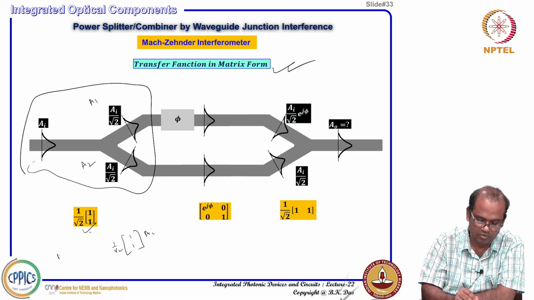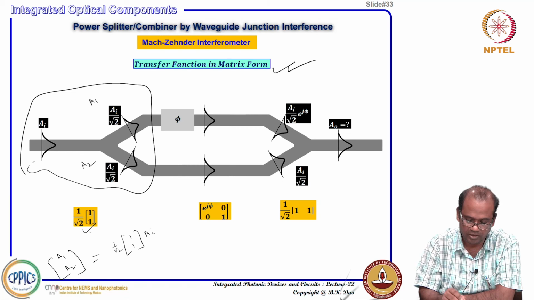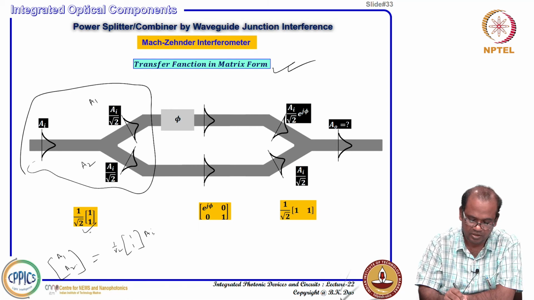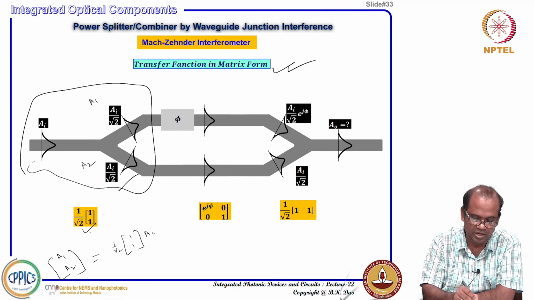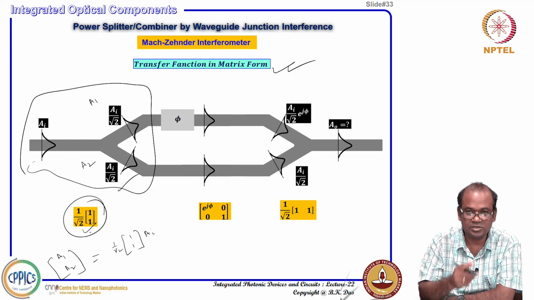So I can write A1 and A2 in matrix form: A1 will be 1 by root 2 A_I, and A2 will be 1 by root 2 A_I. So this can be a transfer matrix for this Y junction. It is just a column matrix, with 1 by root 2.